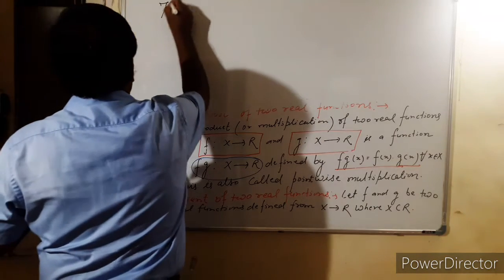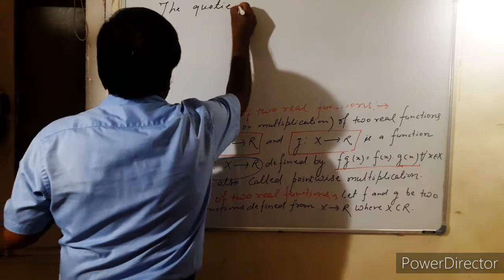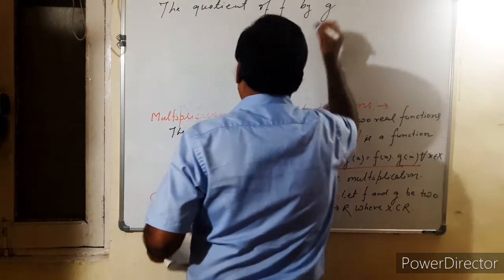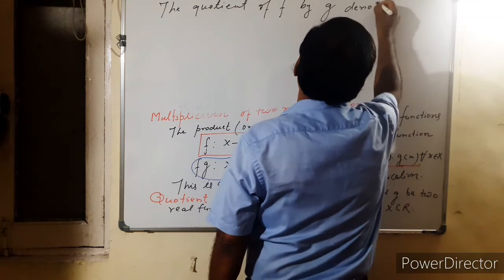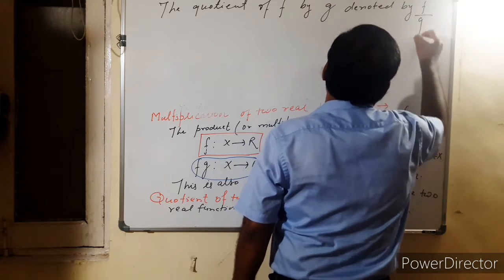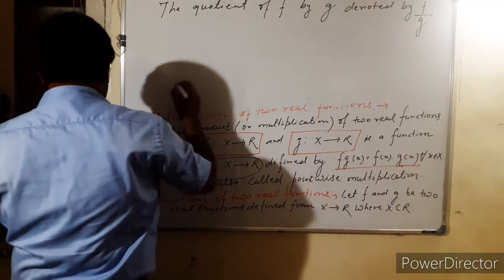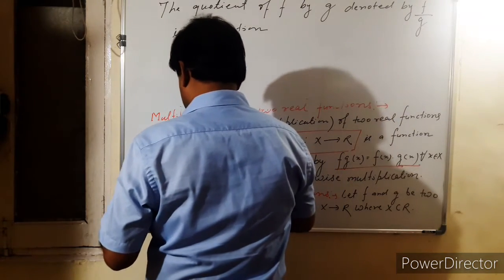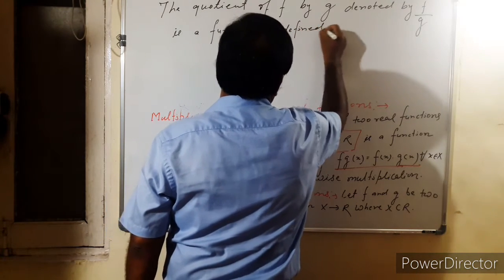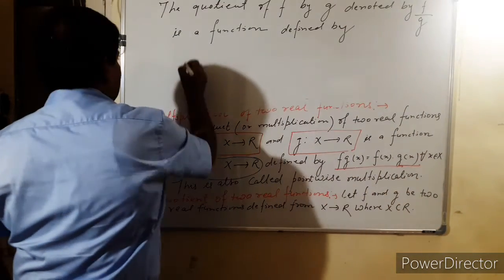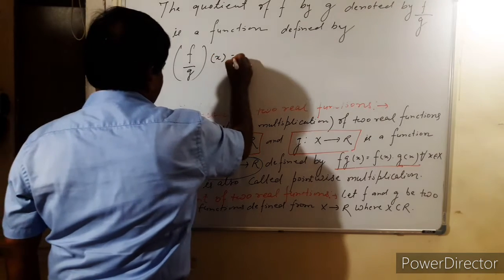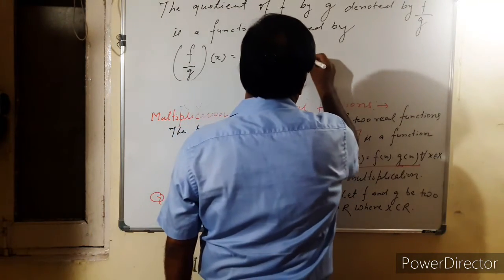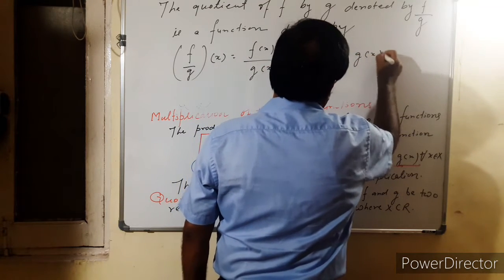The quotient of f by g, denoted by f by g, is a function defined by (f/g)(x) = f(x) over g(x), provided g(x) is not equal to 0.